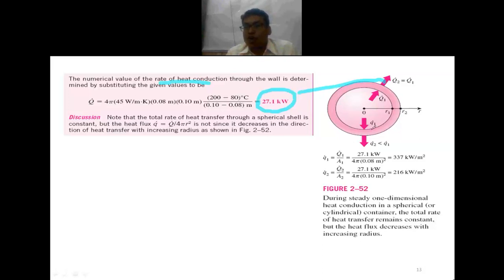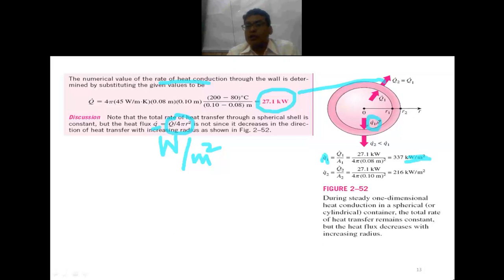When it is expressed in terms of flux, flux is nothing but capital Q upon the area. Units are watt per meter square for the heat flux.